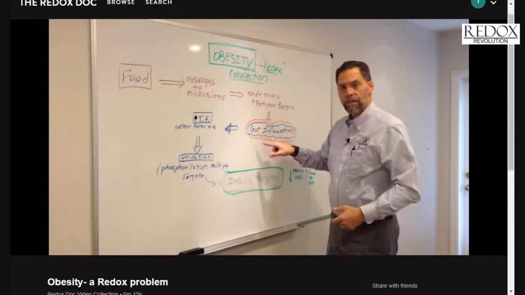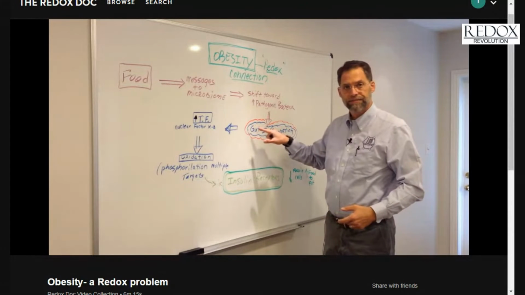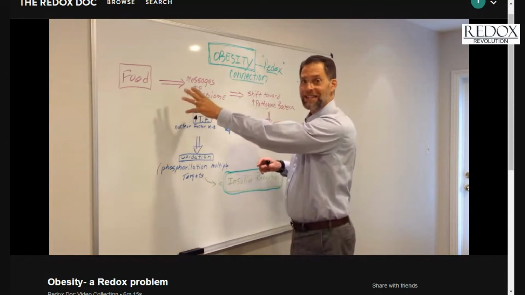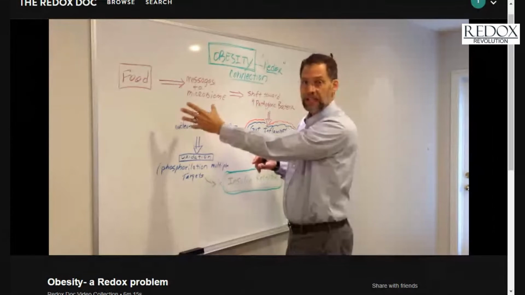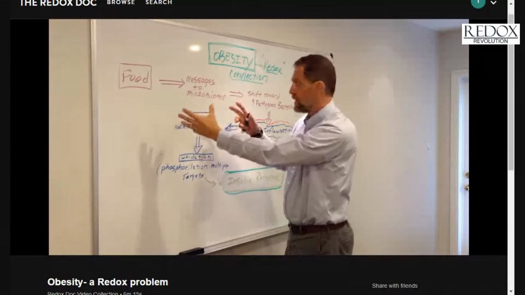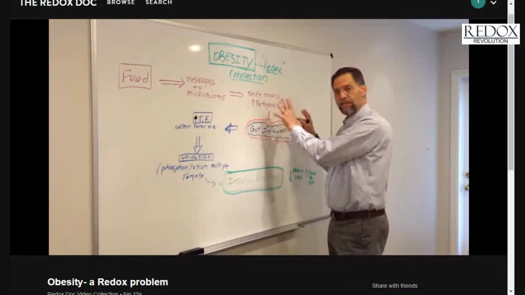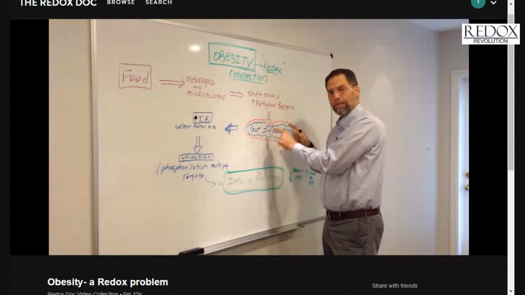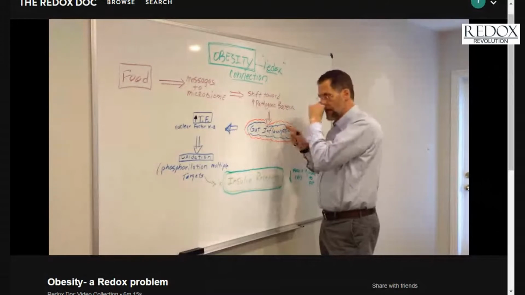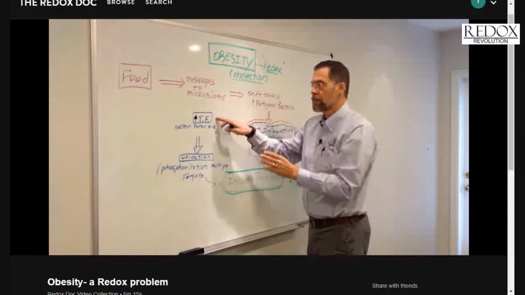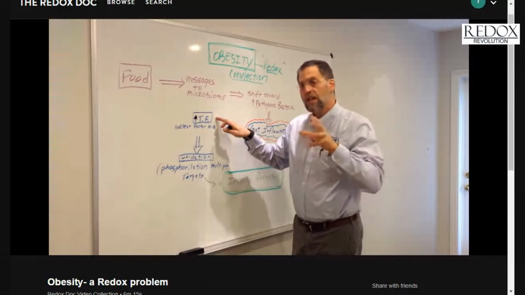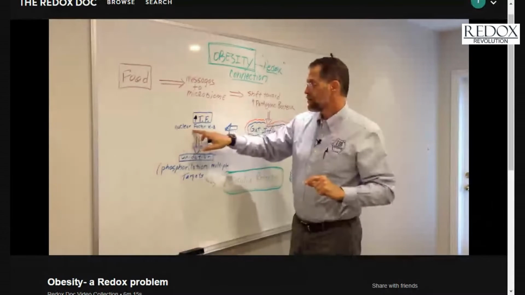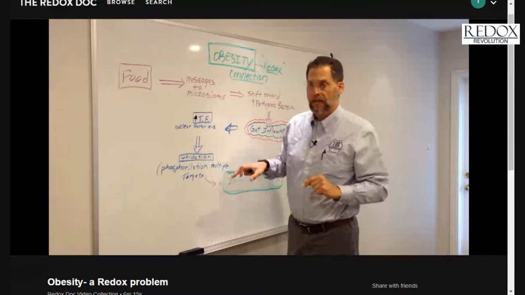We start to develop inflammation in our gut. That's important. In addition to providing lots and lots of calories that may be very empty, with not many nutrients, we're also changing the inflammatory picture of the gut. This is the pivotal moment. This is where we activate certain transcription factors. These are little proteins that direct our cells to act a certain way. One in particular is called nuclear factor kappa beta.